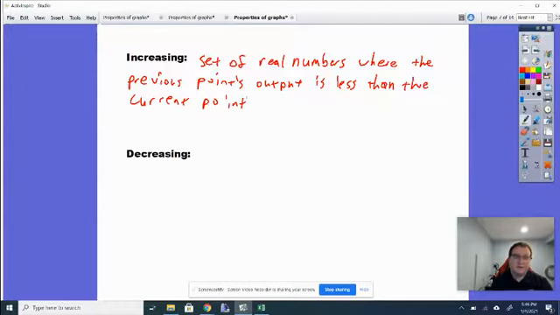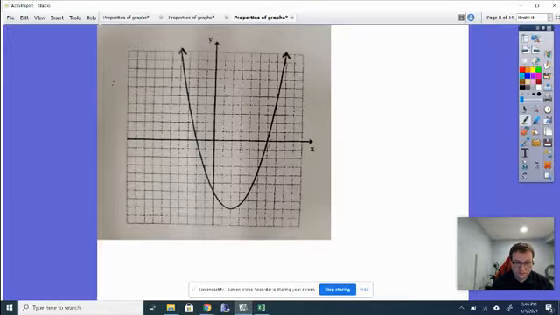Okay, now again, I know we have to be a little bit hand wavy here. So what that's saying is if I have a point here, because I can see graphically that this is increasing on the right side. Well, if I look at the point just before it, and I realize that's not right just before it, but if I could, it would be slightly less, even minusculely less than the one I'm on.